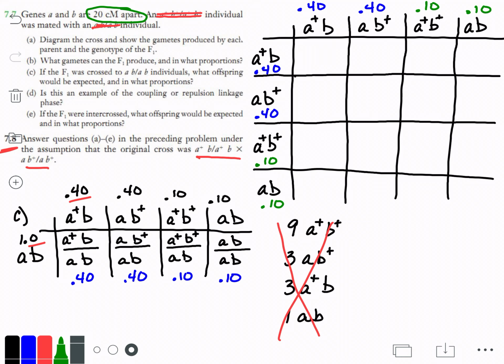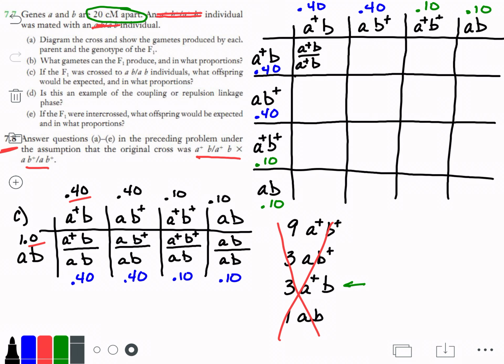So now when I go through and I fill in my phenotypes, or even genotypes, I'm just going to run out of space here, I can say, this one, for instance, is one of my A plus, B minus kind of phenotypes. It would have fit into that category. That's one of those 3 boxes.